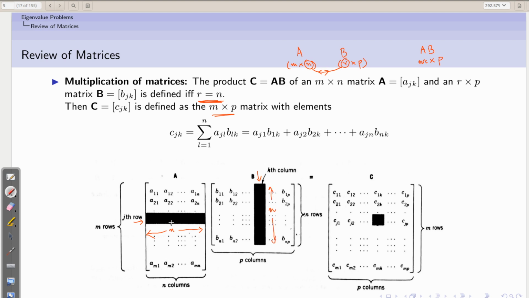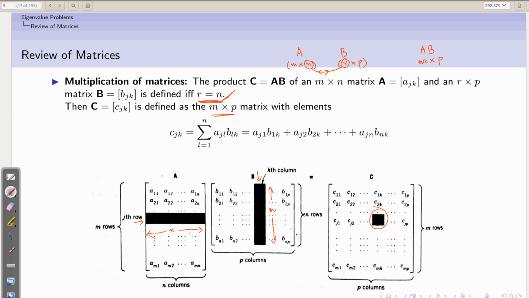You can multiply this row and this column only if the number of elements in each is the same. That's why the number of columns in the first matrix and the number of rows in the second matrix must be equal. Once you do that, multiplying element wise and adding them together gives us the jk element of the product matrix.